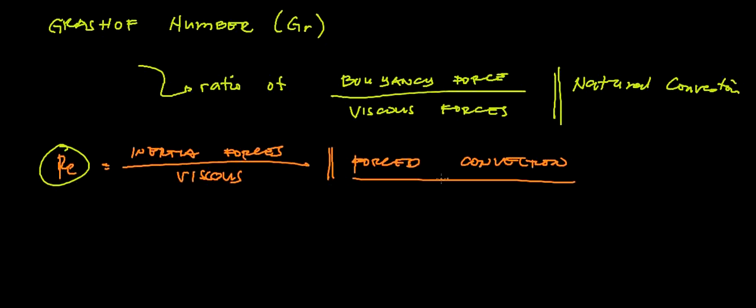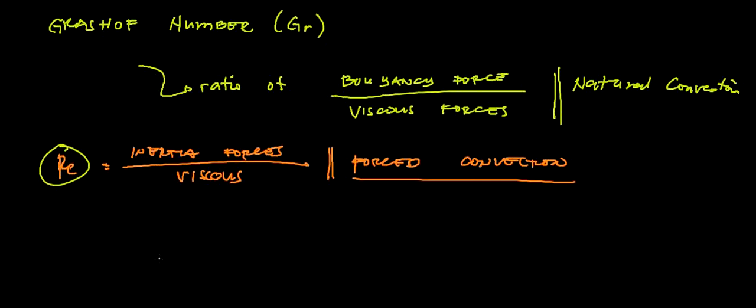The role of the Reynolds number in forced convection is actually played by the Grashof number in natural convection. So as such, the Grashof number provides the main criterion in determining whether the fluid flow is laminar or turbulent in natural convection. Did you see the similarities? The Reynolds number can determine the flow condition, whether laminar or turbulent, in forced convection. While if we have a natural convection, we are going to use the Grashof number to determine whether the fluid flow is laminar or turbulent.